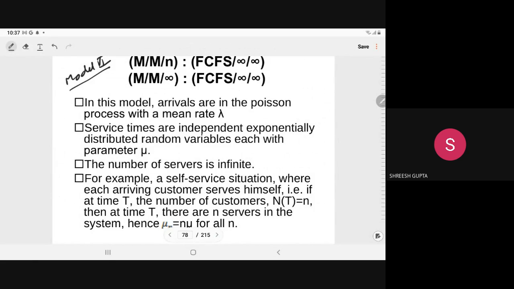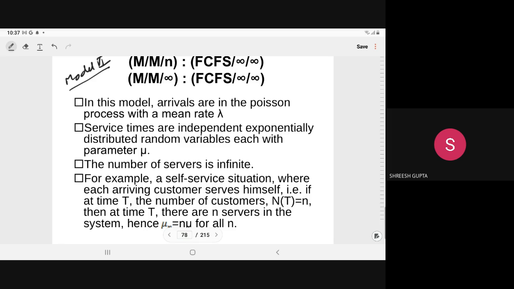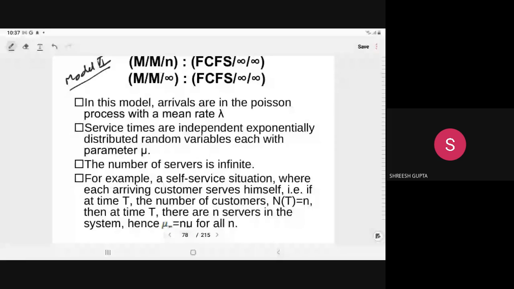So M/M/N FCFS infinity infinity, or M/M/infinity FCFS infinity infinity. In this model, arrivals are in the Poisson process with mean rate lambda. That is this M. The service times are independent exponentially distributed random variables, each with parameter mu.